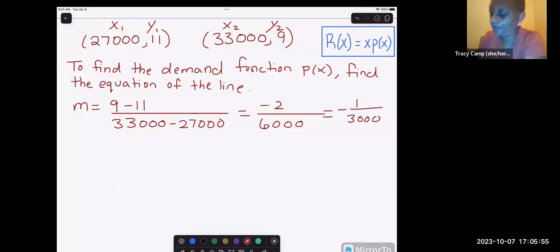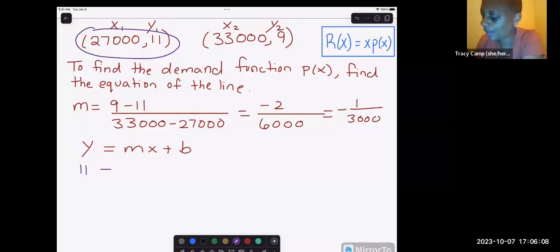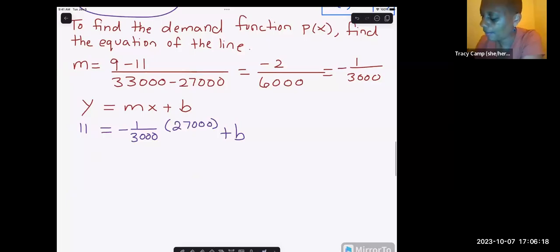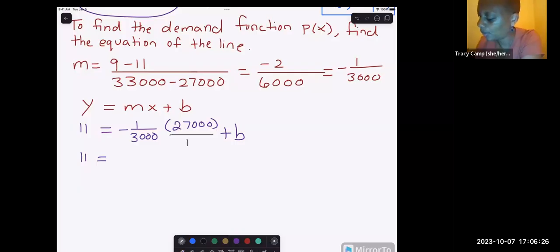And then let's use y equals mx plus b. And you can pick either point. I'll just use the first point. So I'll have 11 equals my m, which is -1 over 3,000, times my x, 27,000, plus b. And I'm trying to find b now. So I have 11 equals, 3,000 goes into 27,000 9 times, so this ends up being -9 plus b. I think that's right.